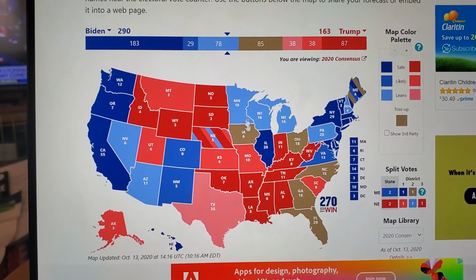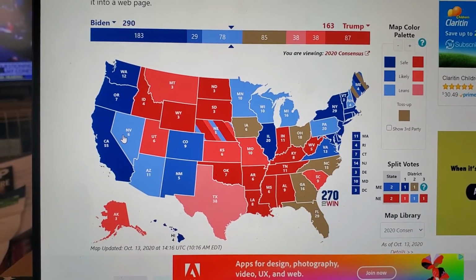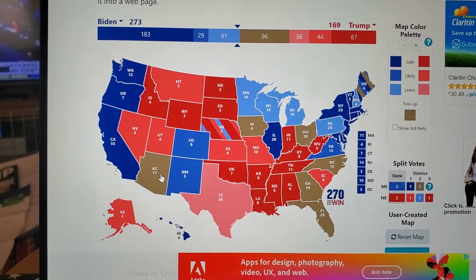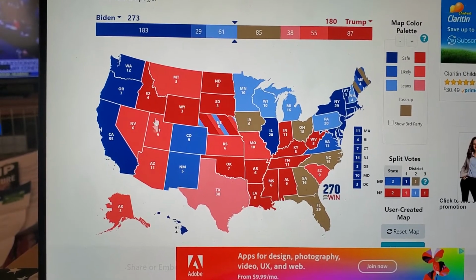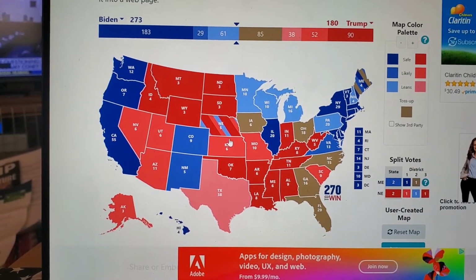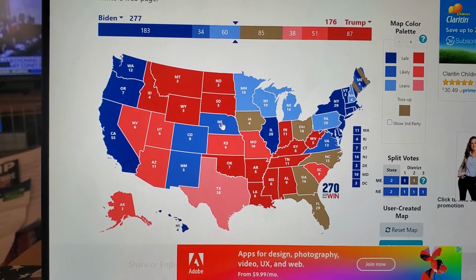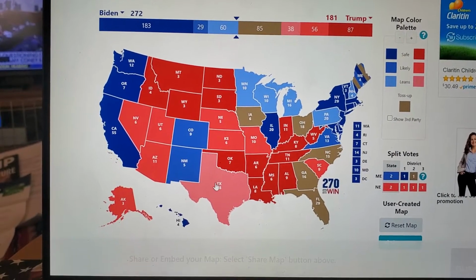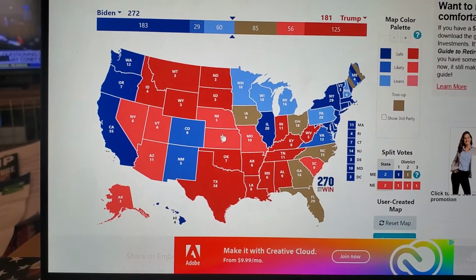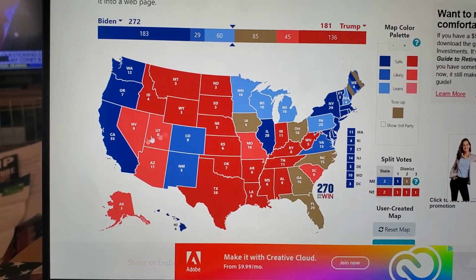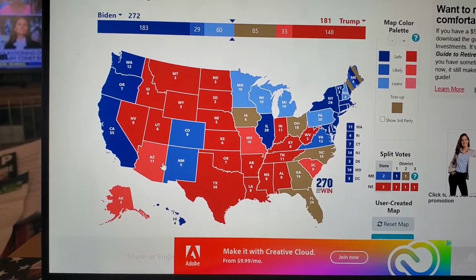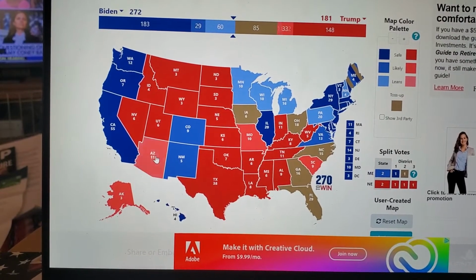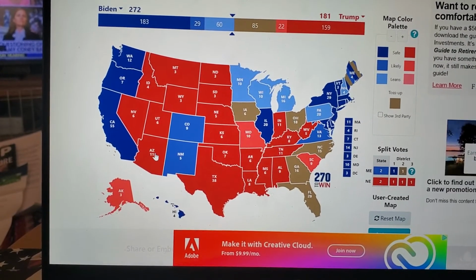So the first thing I'm going to do, we're going to go back in time to the last time a Republican incumbent was reelected, and that was George W. Bush in 2004. And this is what the electoral map looked like when he was reelected that year, defeating John Kerry. So just give me a minute or so, and we'll change all these states to solid red for historical purposes. You will see why we're doing this in a minute.